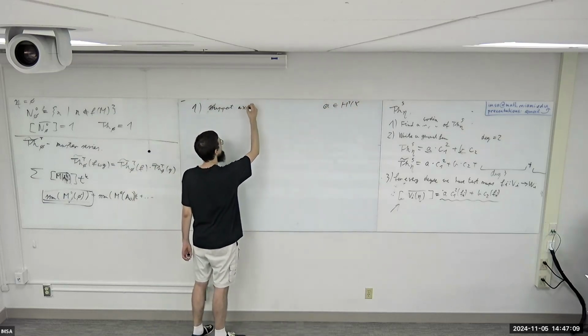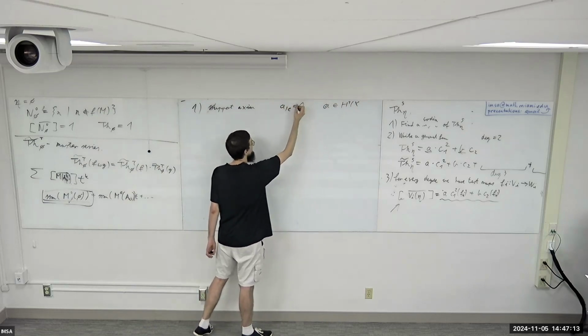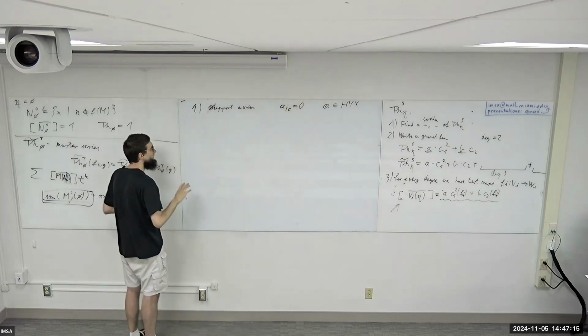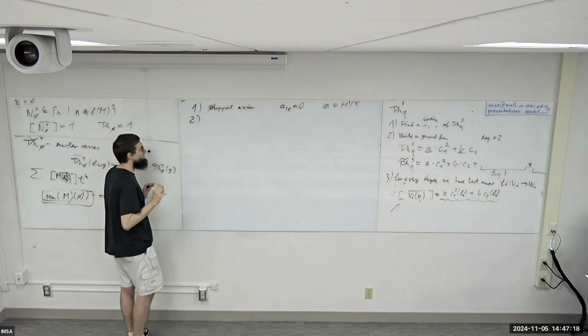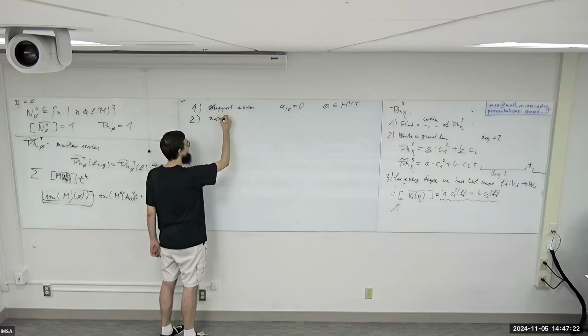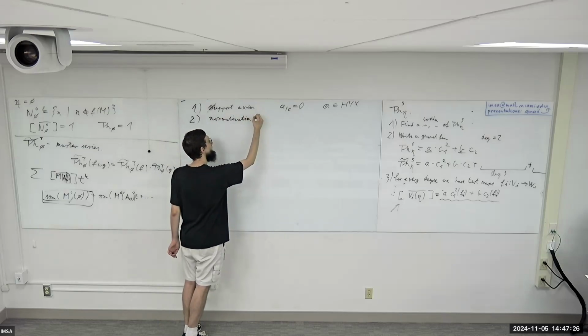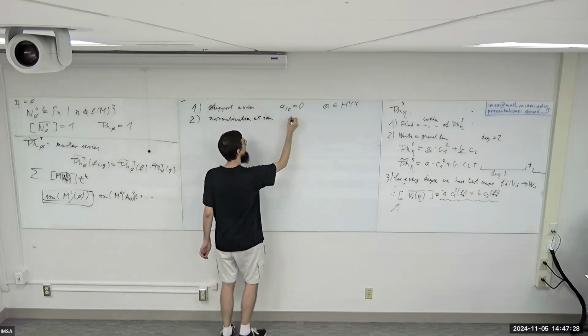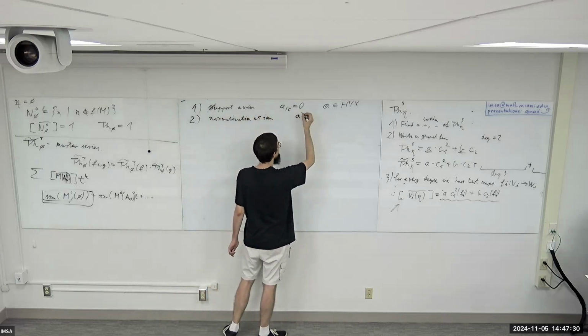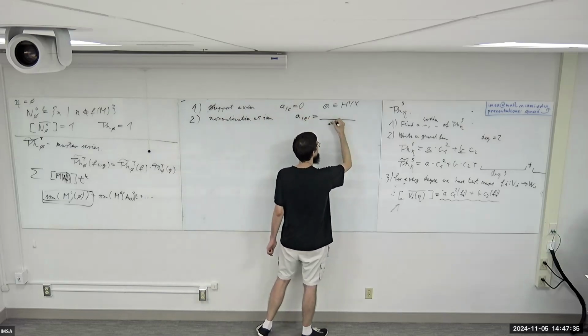The support axiom tells that A restricted to some points equals 0. I'm very vague here. I don't want to be precise. There is a normalization axiom, which says that A for some different point is given by a precise formula.